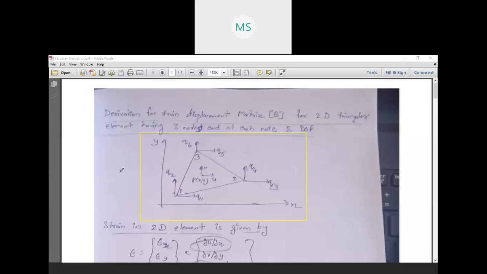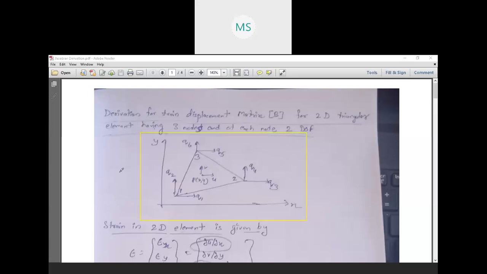Now the second part of this module covers the higher order elements. What do you mean by higher order elements? We will do the derivation for 6-noded and 8-noded elements. As now we are doing for 3-noded, you can see here that will be your 6-noded. How does that 6-node two-dimensional triangular element come?